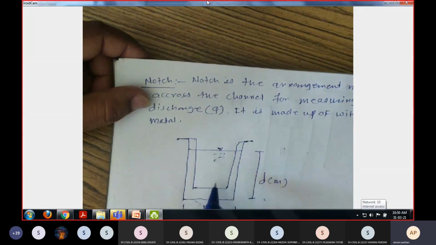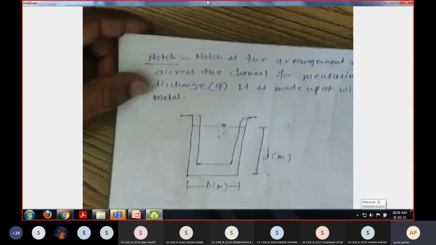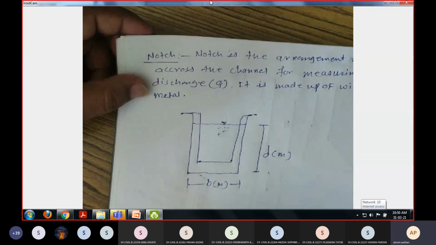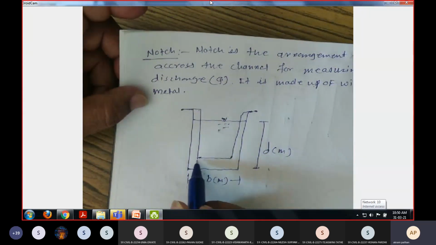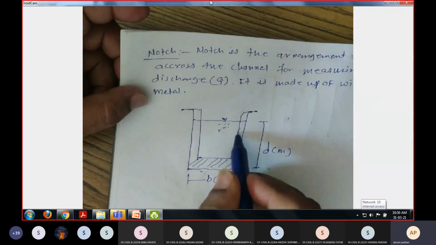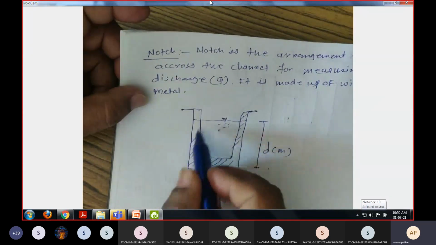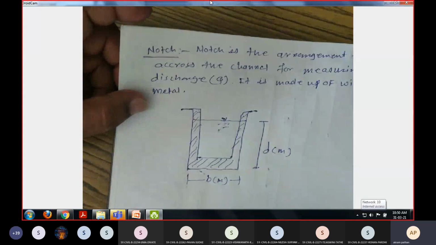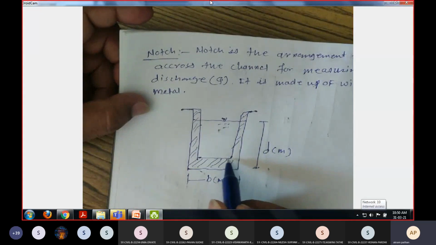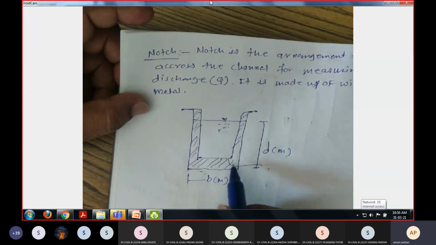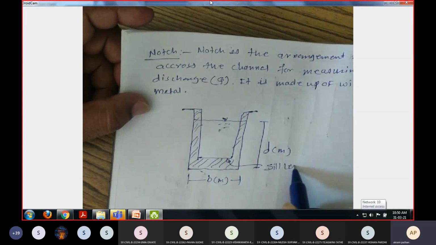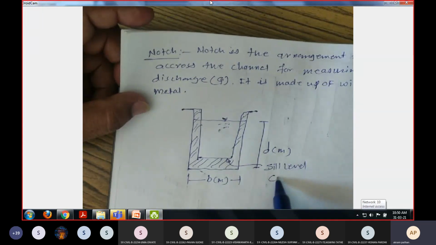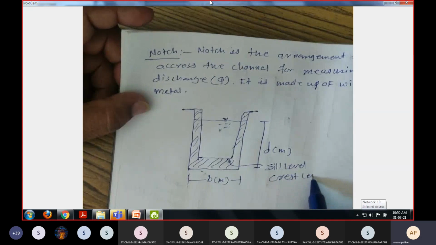This is a rectangular notch, and this portion is solid portion. Now this level is known as the sill level, or crest level.